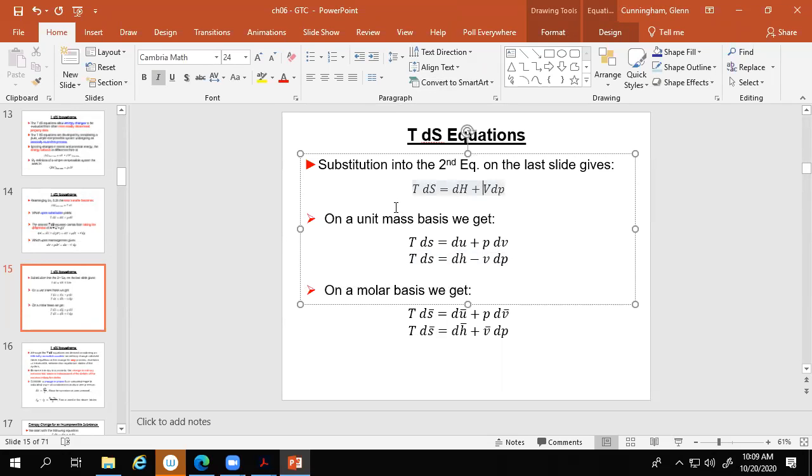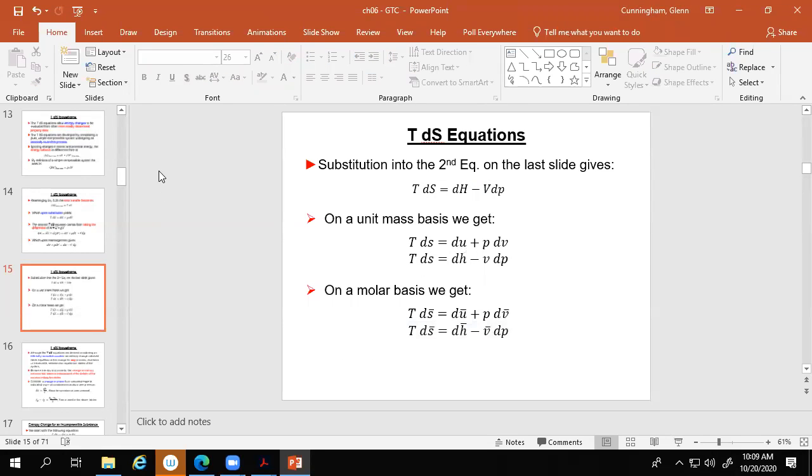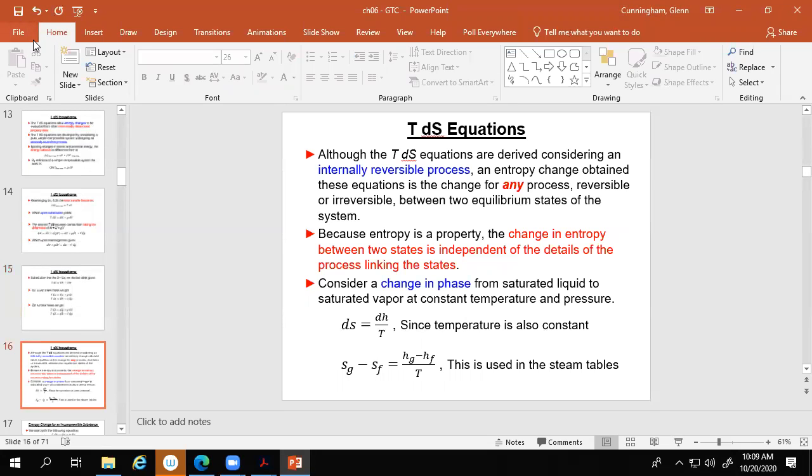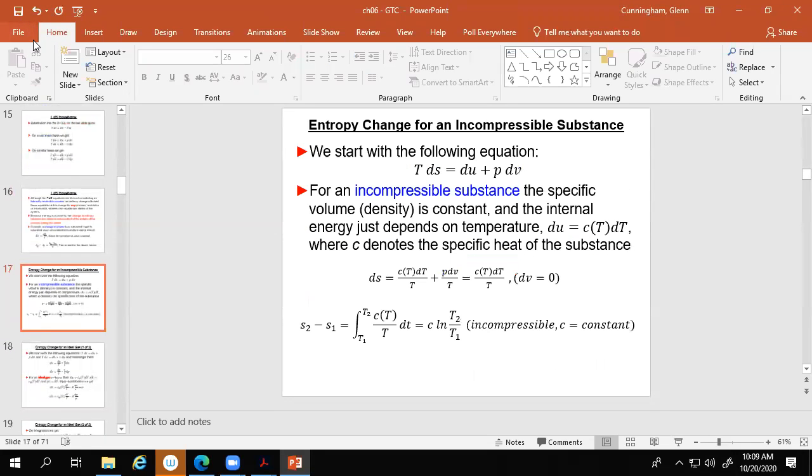Nothing like editing your slides on tape for all the world to watch forever and a day. The one with internal energy is a plus sign.